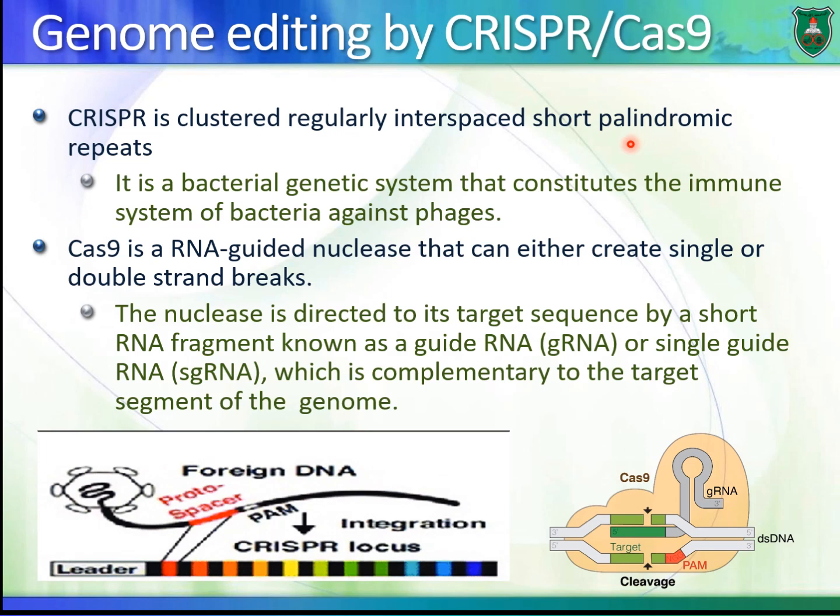We have already defined what palindromic sequences are. They are short, they are interspaced, meaning that they are separated by other sequences, and this separation is regular. And overall, all of these repeats are clustered within one part of the genome.